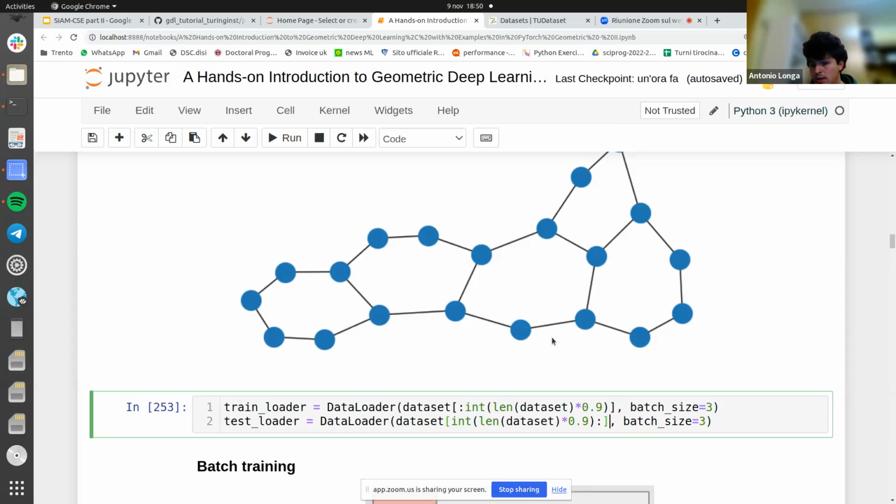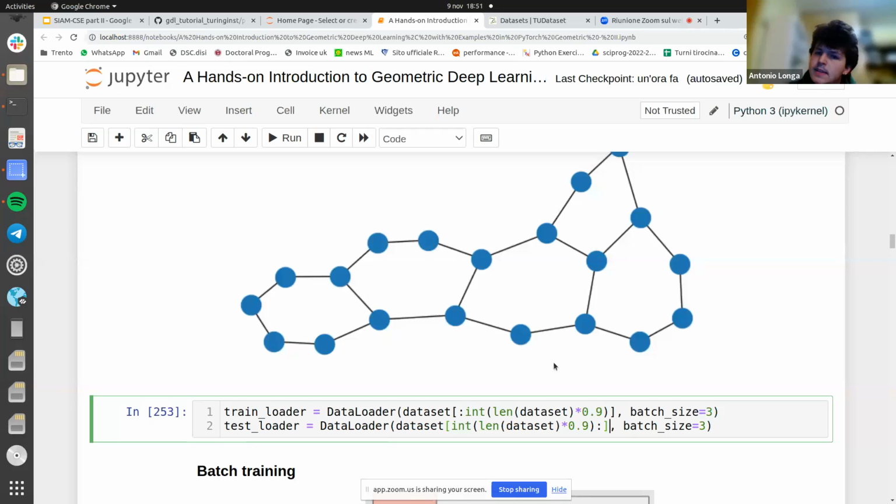Another reason is the time required: suppose you set the batch size equal to 42, then the number of backpropagations you do is much smaller than without a batch size. Does it make sense? Yeah, thanks a lot.